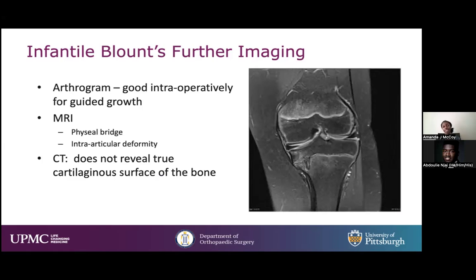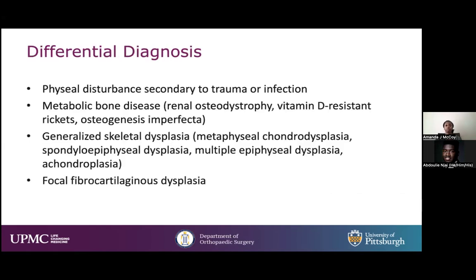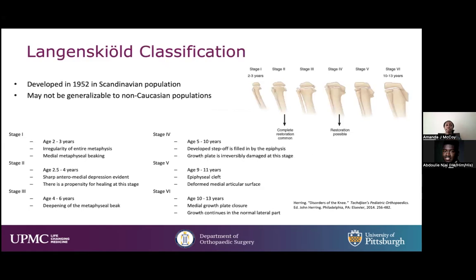Often CT scan is not really that helpful, because as little kids, their bones are more cartilaginous than ossified, so it doesn't show you the anatomy of the bone that well. As I talked about before, it's really important to have a thorough differential diagnosis. You want to make sure that there isn't a physeal disturbance secondary to trauma or infection. We talked about metabolic bone disease, generalized skeletal dysplasia, and focal fibrocartilaginous dysplasia.